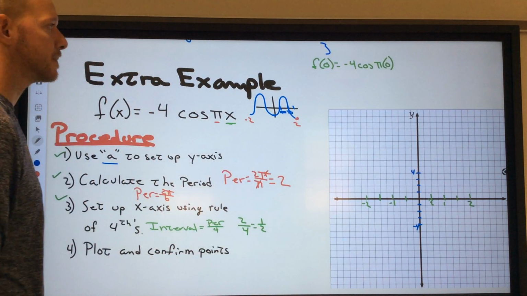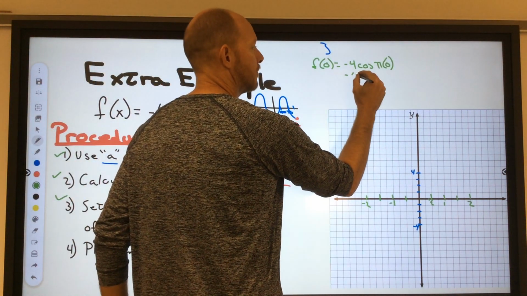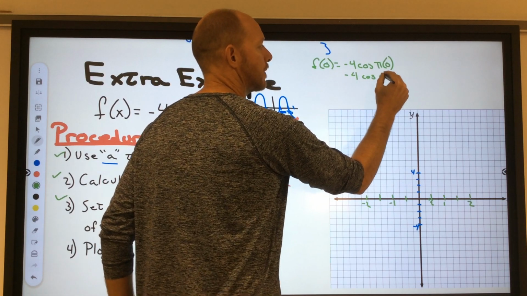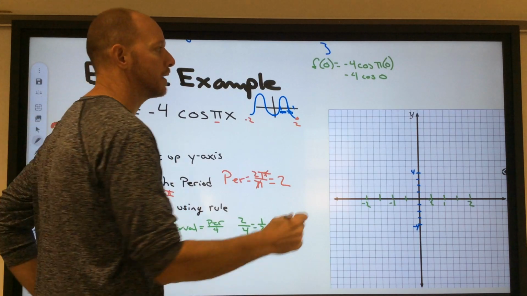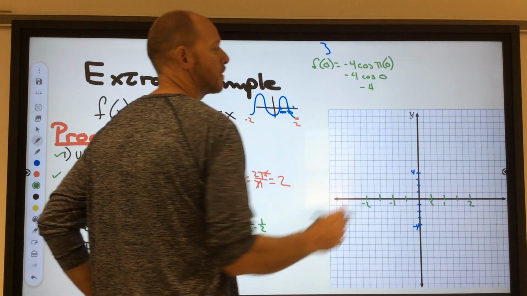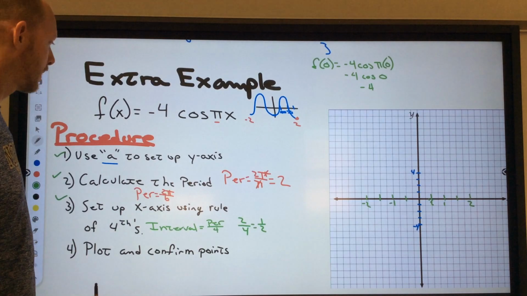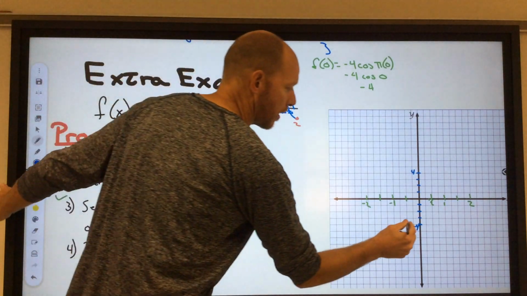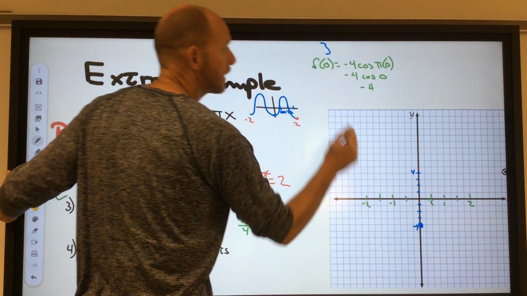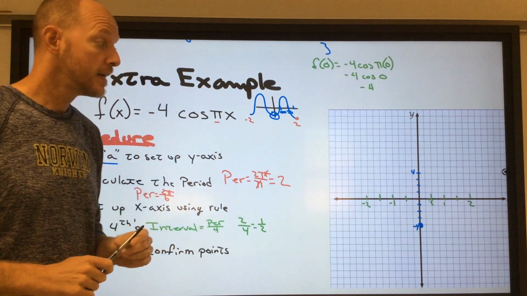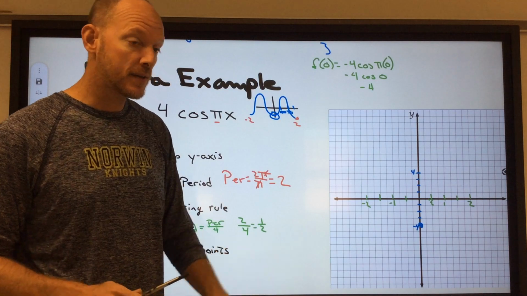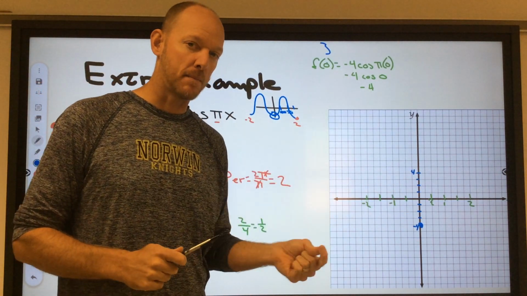So now what that gives me is I have negative 4 cosine of 0. Cosine of 0 is actually equal to 1. So that gives me a value of negative 4. So my graph is going to start off at negative 4, which again is what I predicted in my original thought.